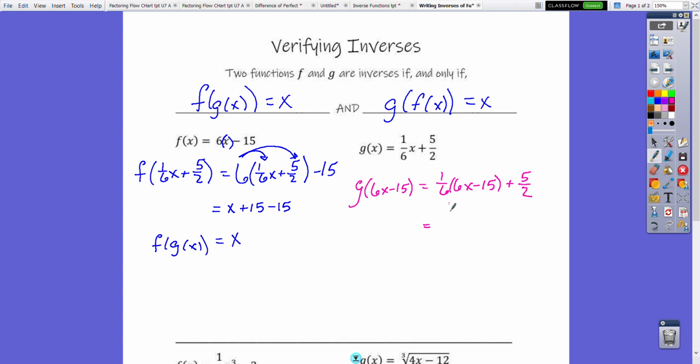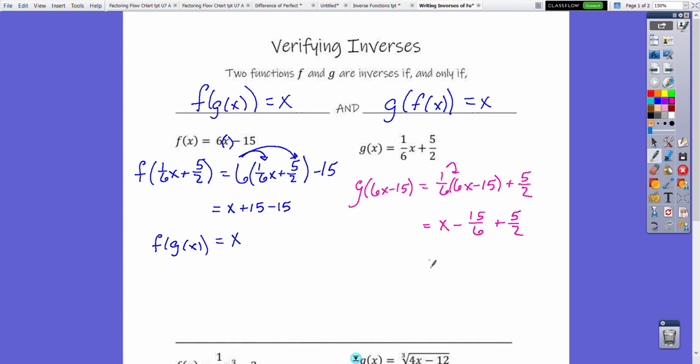And here, now I'm going to distribute again, big times the top divided by the bottom. So I'm left with 6 over 6 is 1, so I have x minus big times the top divided by the bottom. Well, that gives me 15 over 6 plus 5/2.